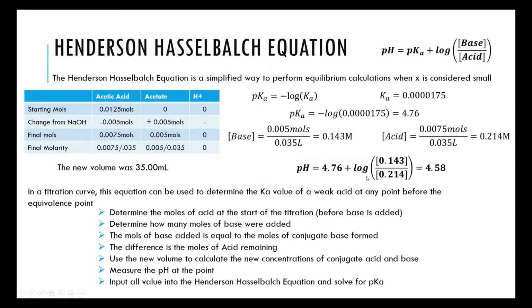So if we take the log of the concentration of base, 0.143, that's the conjugate base, the acetate, divided by the concentration of acetic acid, 0.214, we end up with that same pH value, 4.58.